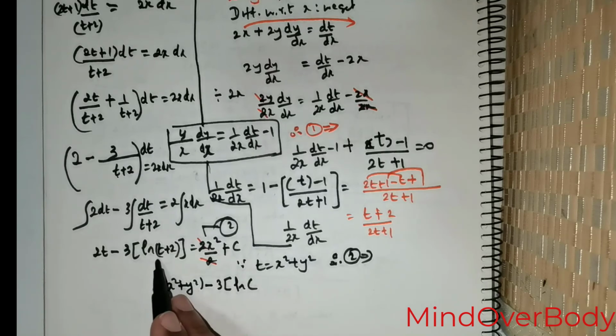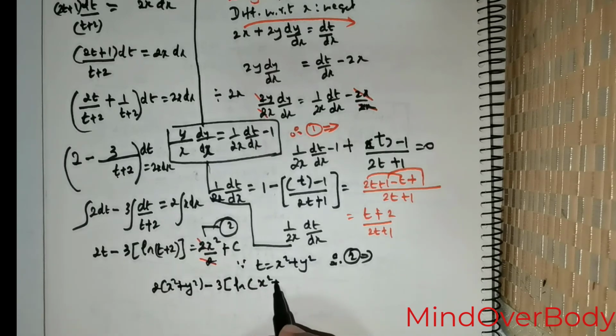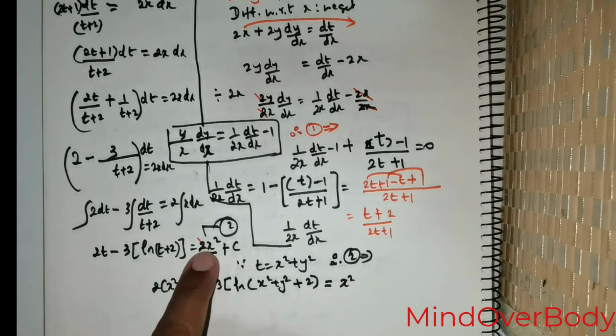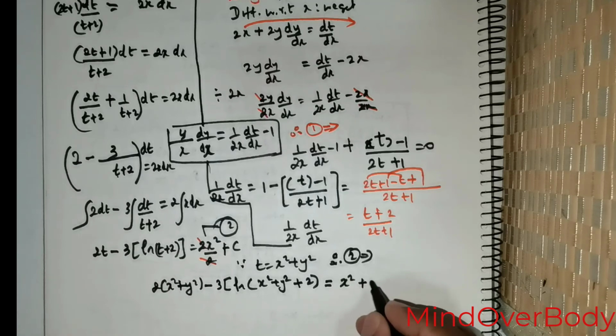Now our t is x squared positive y squared, so substitute that, x squared positive y squared followed by a positive 2, that's fine, and I have an x squared on the right hand side, and that has to be replaced with an arbitrary constant.